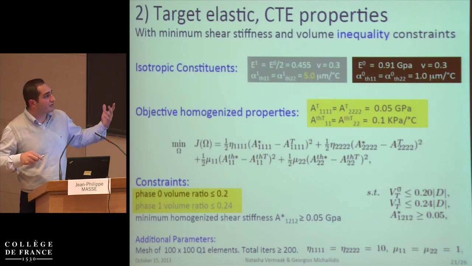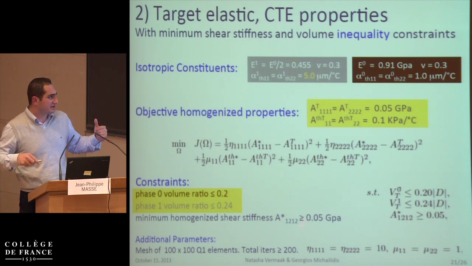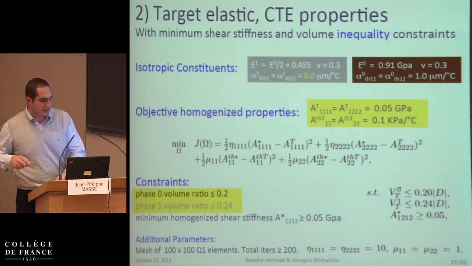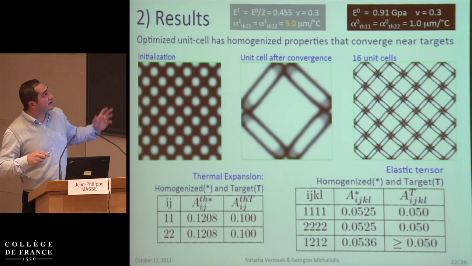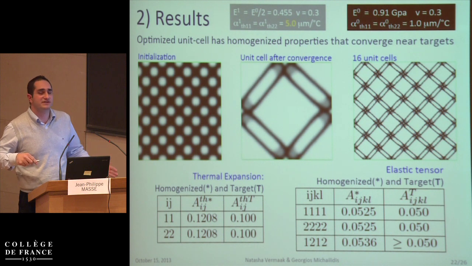Again, we use the same form of objective function, we set some resource constraints, and an inequality constraint for the shear stiffness. We set a minimum limit for its value. Starting again from a random initialization, we get the following optimized form with the following homogenized coefficients, which are close to the target coefficients, while the inequality constraint for the shear stiffness is satisfied.